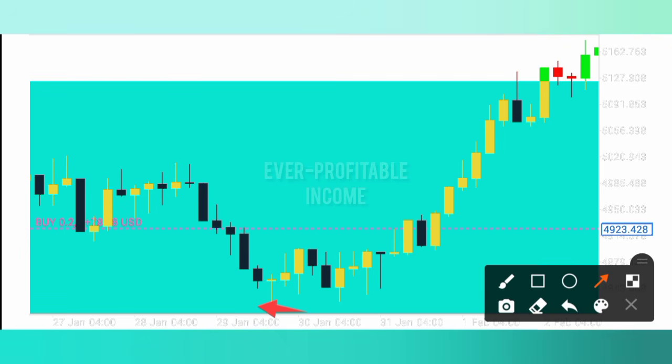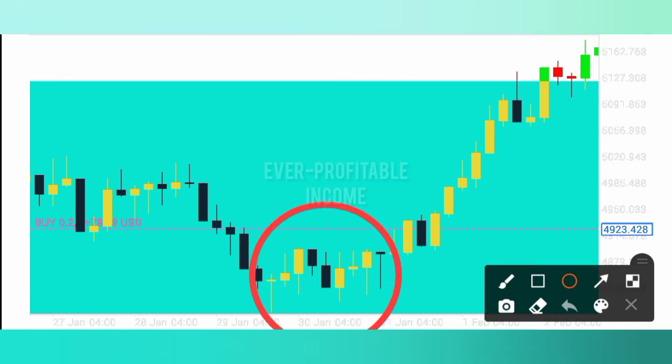And once you notice that, you have to get ready to get an entry, putting other things into consideration. Now right there where the character has changed, you have to check what happened to the candlesticks in that region.